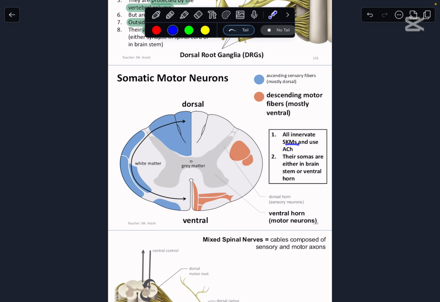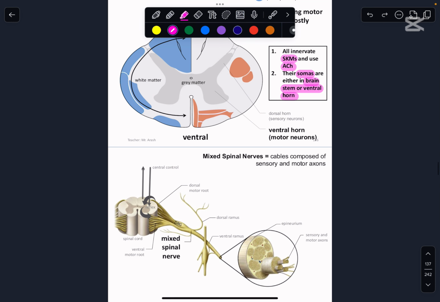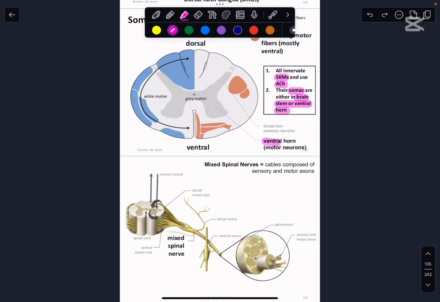They all innervate skeletal muscles and use acetylcholine, again, we talked about these before, and their somas are either in the brainstem or ventral horn. Again, you don't need to know that information. We already discussed them briefly before. That's called the ventral horn. Okay, that's the spinal cord, or you may have somas in the brain.